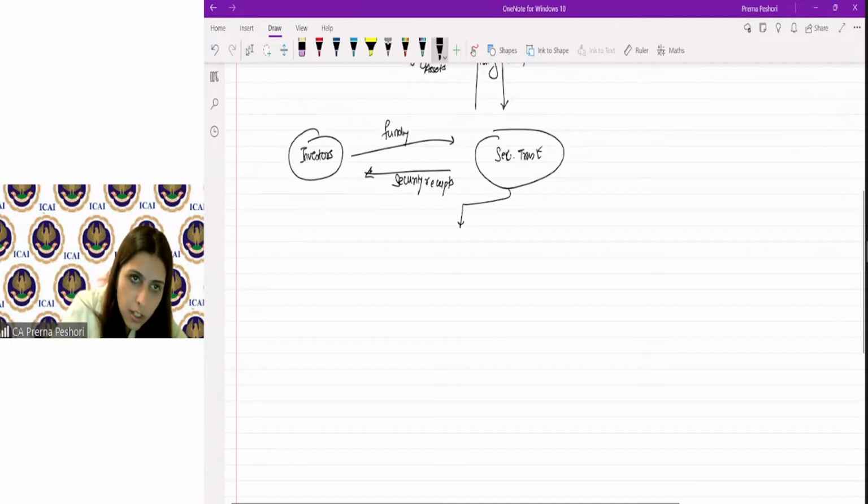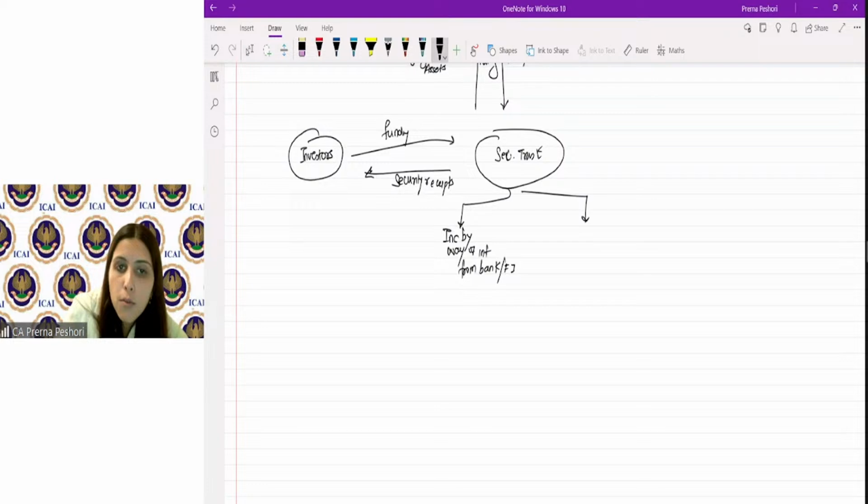So it will have income by way of interest from the bank or the financial institution, and on the funding that it has obtained, it will pay interest to the investors. Isn't it? Yes, Geeta, you were correct. It's a pooling of funds for a specific object. Yes, Mansha. Yes, Mohammed, NSDL. Yes, that's correct.